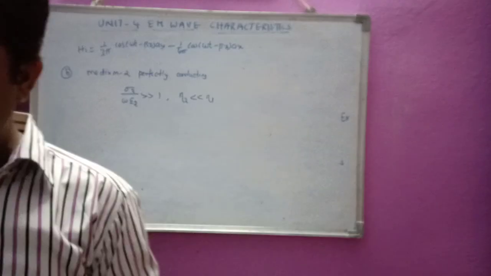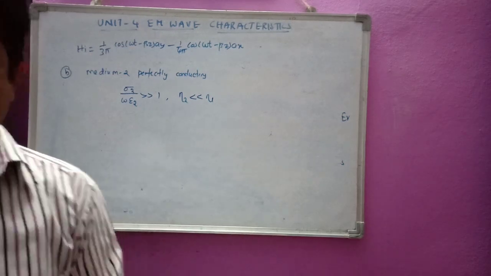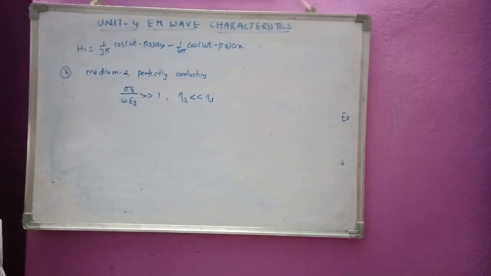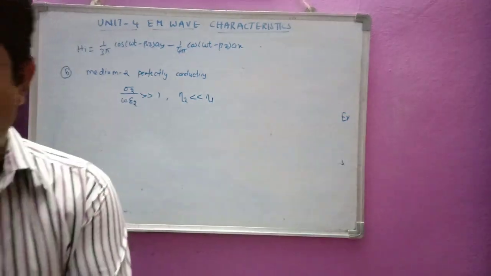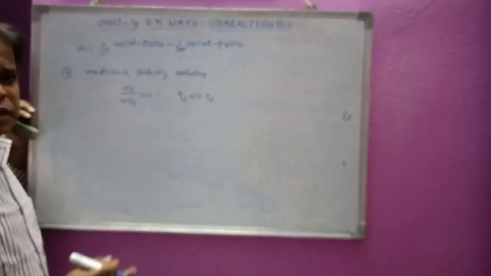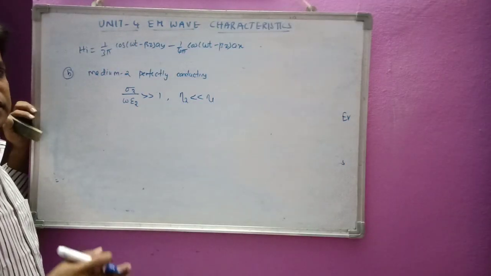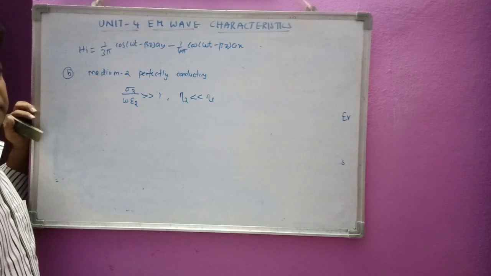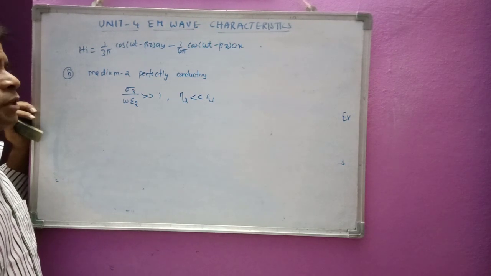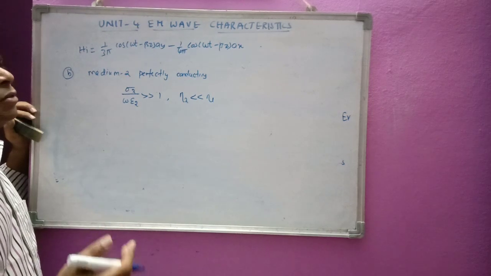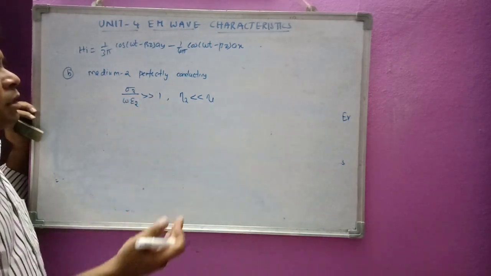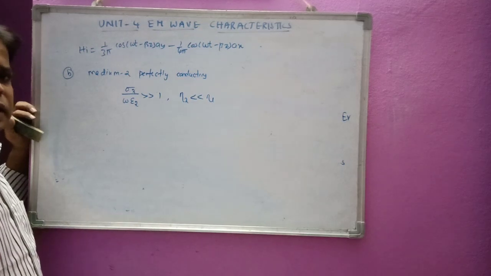Now let us proceed. If the second medium is a conductor, the electric field will not enter into the surface. We know the concept that if medium 2 is a conductor, the electric field inside that conducting medium is 0.